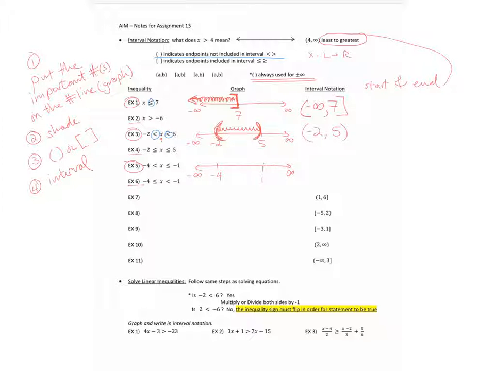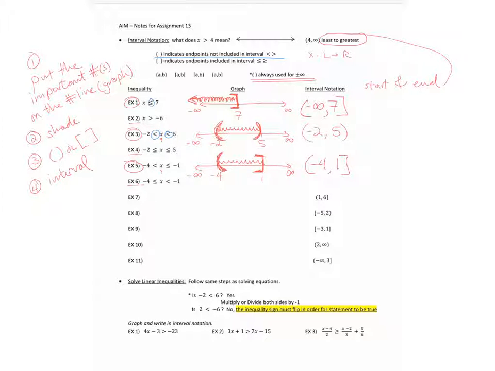And again, the variable is between them, so we will shade in between them. And this time, we will use a square bracket on the 1 and a parenthesis on the -4. So we have a starting point at -4, we have an ending point at 1 with these symbols here.